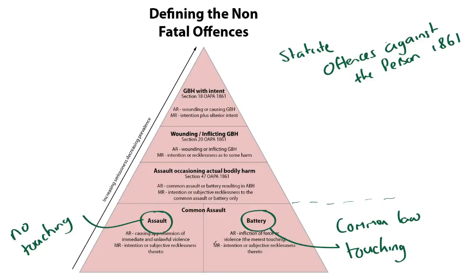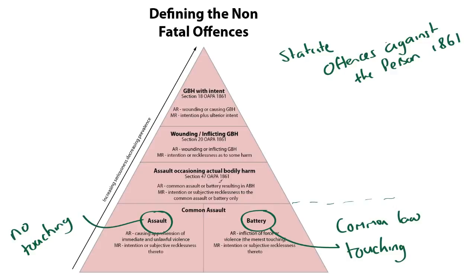These 2 offences, assault and battery, although they are distinct and separate, which means that you can commit both in the same instance and you can be charged with both in the same instance, are normally lumped together under what's known as common assault. So assault and battery are individual offences which are the least serious of the offences, the most often committed, and together are defined as common assault.